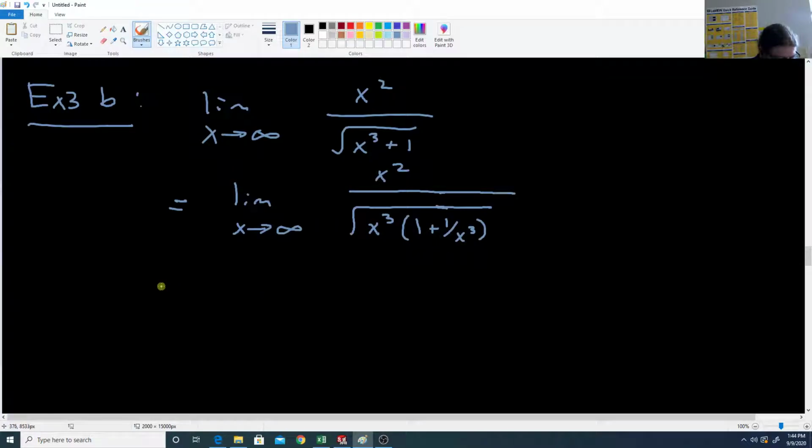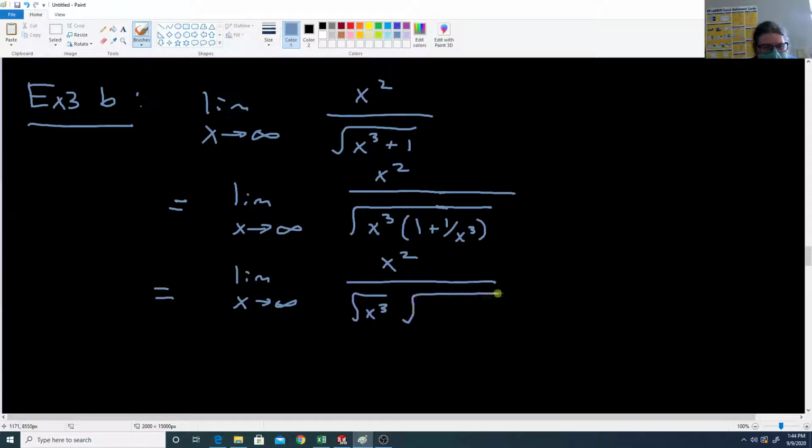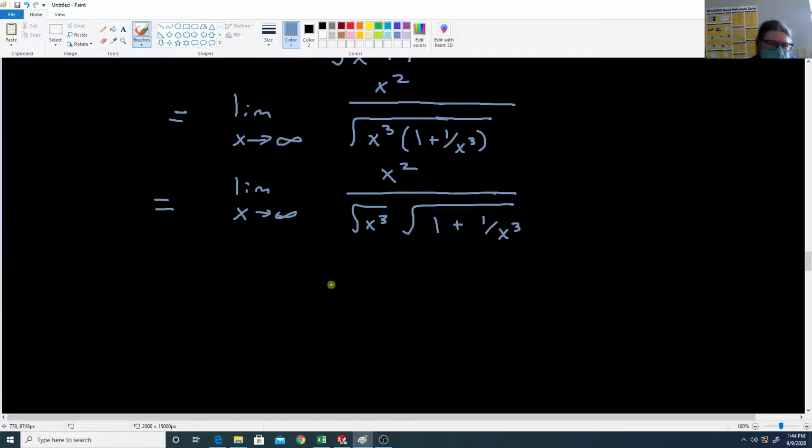And now we're going to split stuff up, and we're going to try to bring in the correct thing to get rid of this x to the 3/2 power.